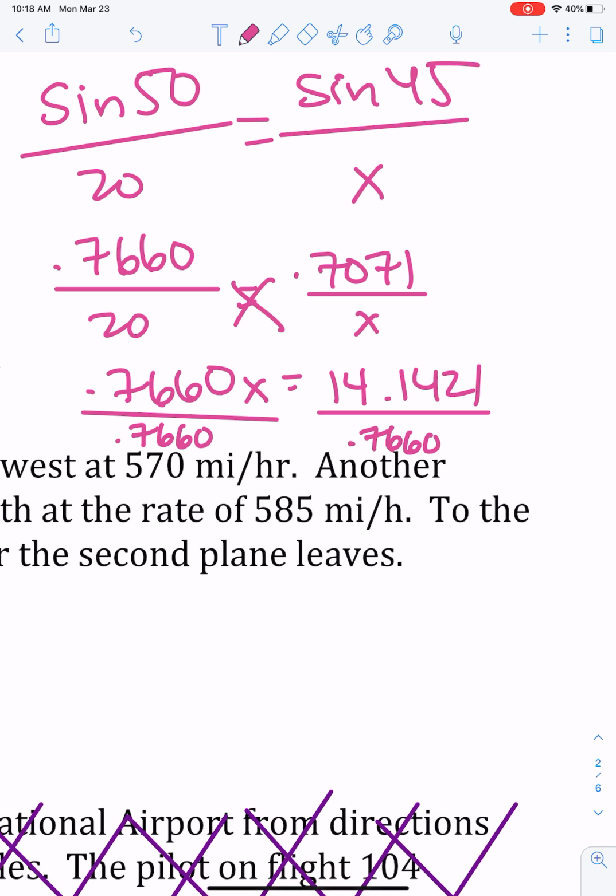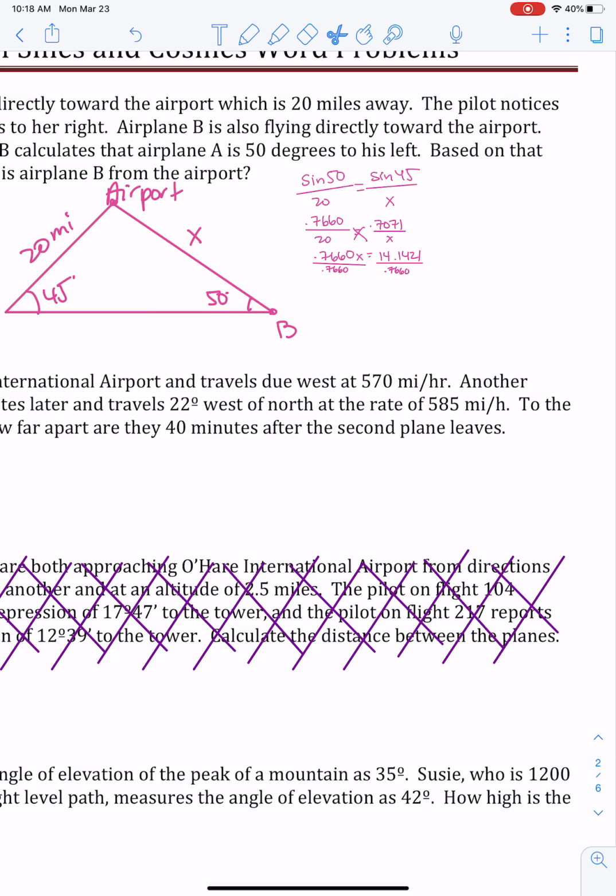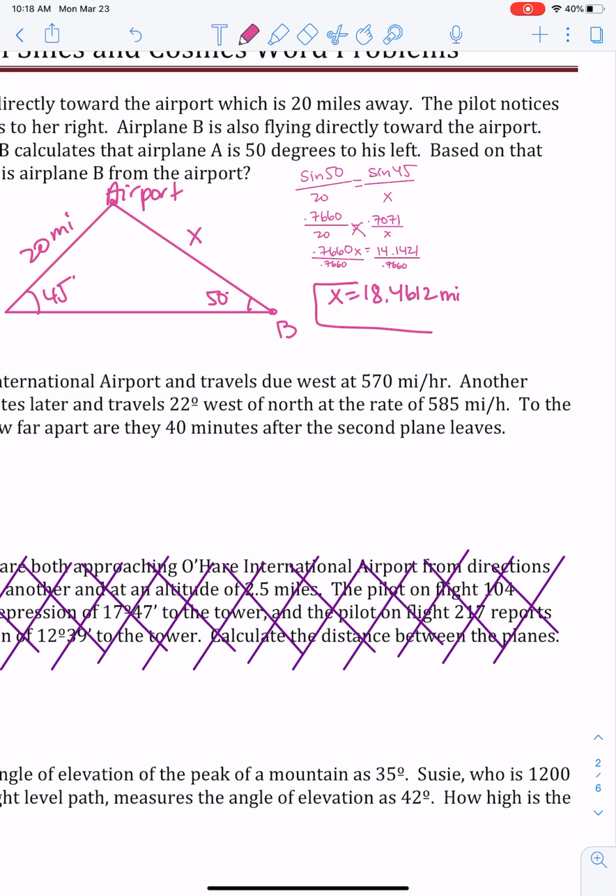And that will give me, let me type it in. Ran out of room. 18 point something. X is equal to 18.4612, basically 18 and a half miles. And that's all this one asked, so much shorter than the other one.